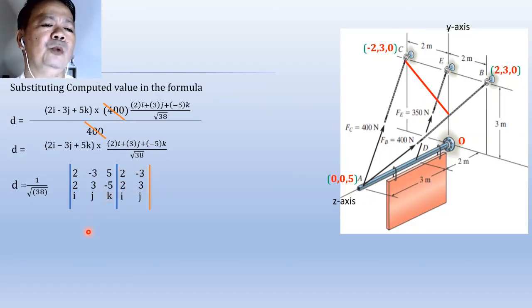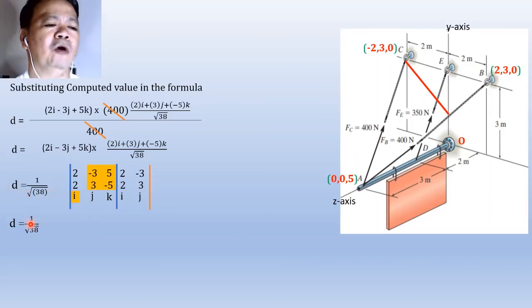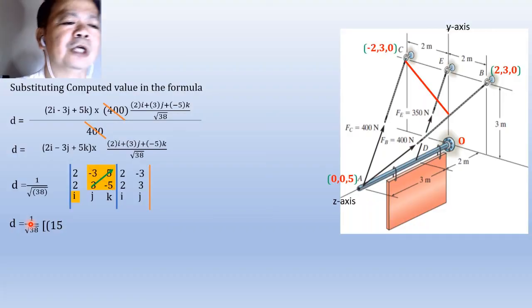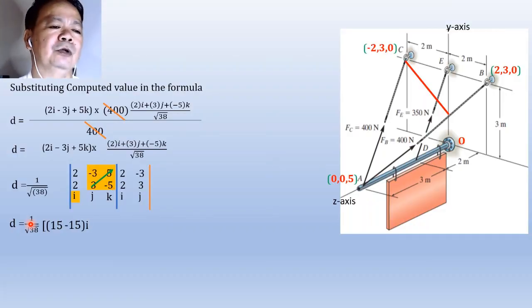So when we simplify, this becomes 1 over the square root of 38 times the quantity. Arrows downward are positive, therefore the product of -3 and -5 is +15, and arrows upward are negative, therefore that is -15, multiplied by i.